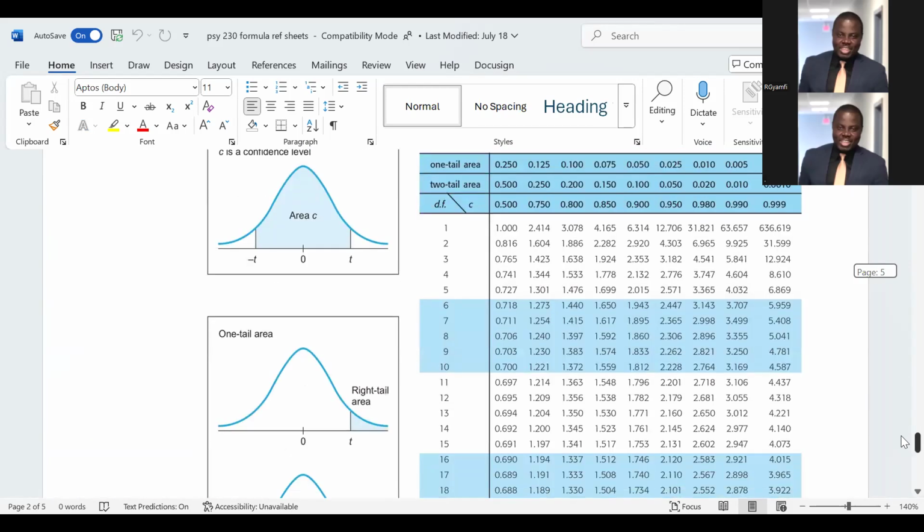Yep. So degrees of freedom is 17, and then our C value is 0.9. So you bring it down to 17. So C, remember you're looking at C, 0.9, which is 90%, and then that is a 17, so 1.740, and that's it. All right, so that's how you deal with these.